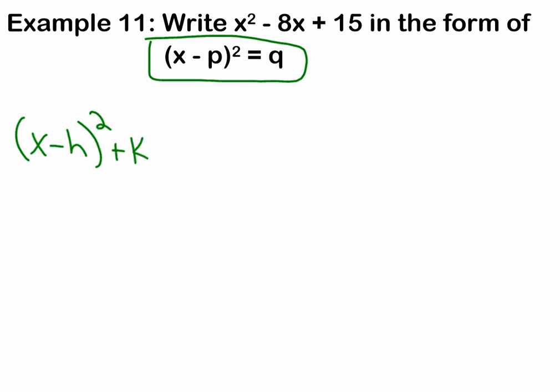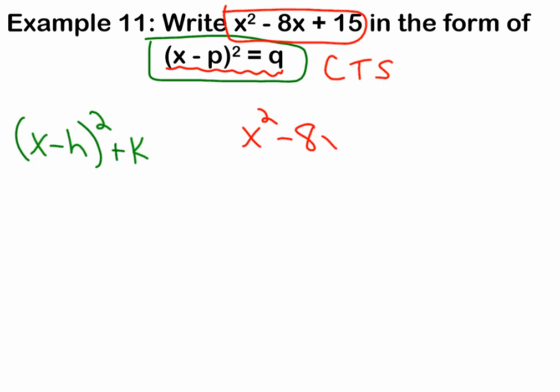It's just a matter of they've moved k to the other side of the equal sign, and they're using p and q instead of h and k. So when we see something like this written in vertex form, we should think complete the square. So we're going to take x squared minus 8x plus 15, and we're going to go through the same steps we've been going through.